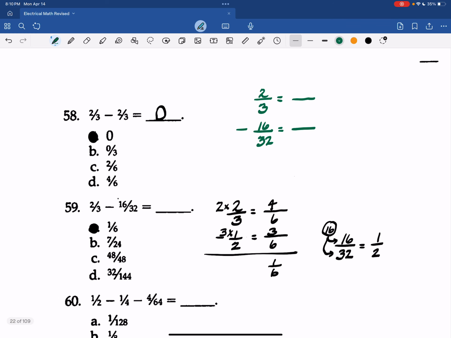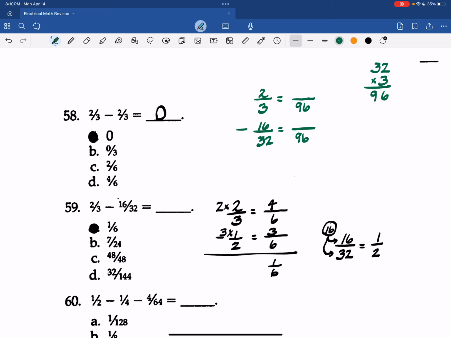One way to do it, and this is what I would have done in school, is 32 times 3. If you multiply those two together, you're going to get a common denominator. And I think that might actually be the lowest one. I'm not sure, but I think it might be. We'll know in a second.